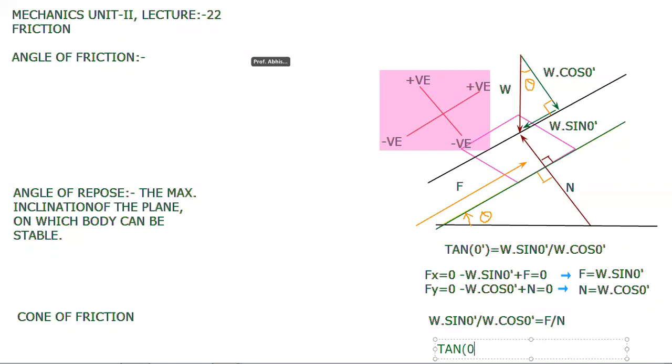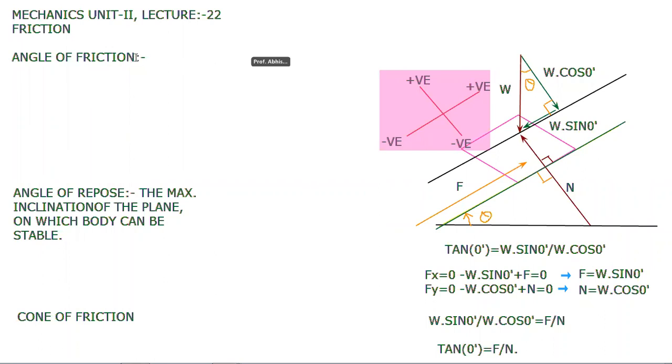So therefore, tan theta will be equal to F divided by N. But yesterday we have seen that F divided by N is equal to mu.